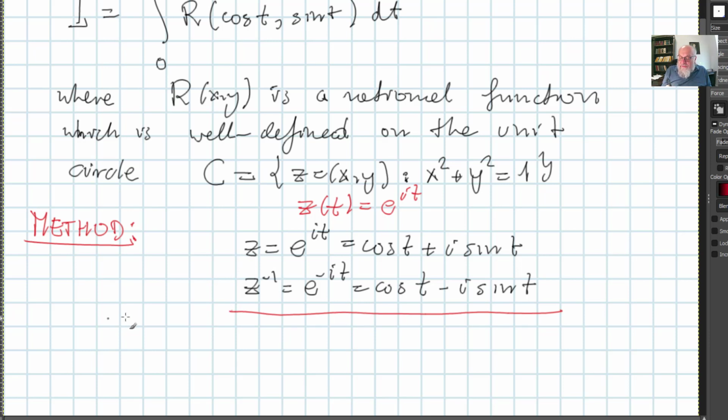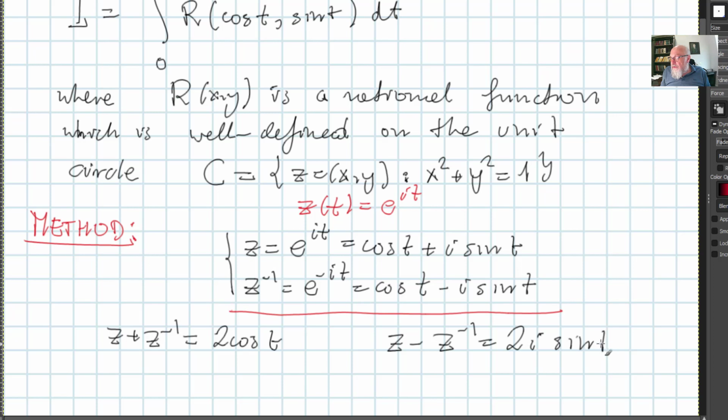Now what we can do is check two possibilities. If I add z plus 1 over z, I will get from these two equations that this is equal to 2 cosine of t. On the other hand, z minus 1 over z is equal to 2i sine of t.